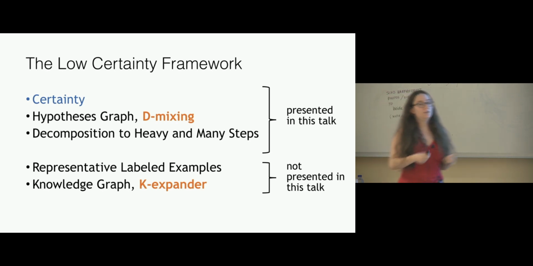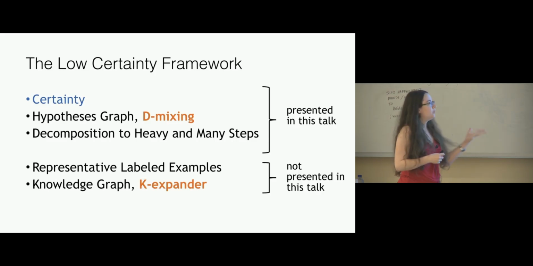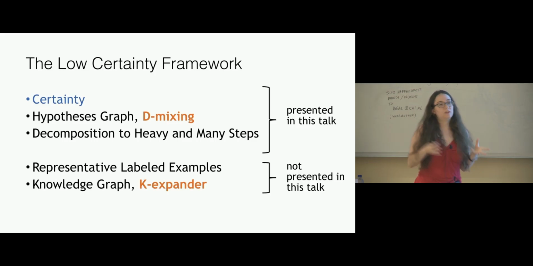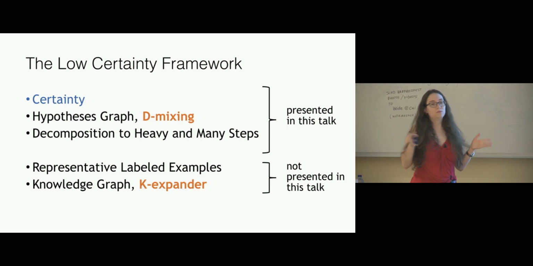We defined the concept of a hypothesis graph, which is a way to view a class as a graph. We defined a random property for it. And we showed that any algorithm can be decomposed into two of these different strategies.